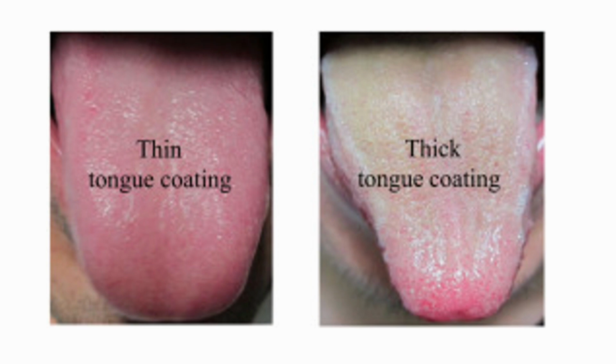The coating in external diseases reflects hot and cold influences in the same way as in internal diseases, but there are differences. The most important difference is that the coating tends to be white in the very beginning stages of an invasion of wind, even if it is wind heat.